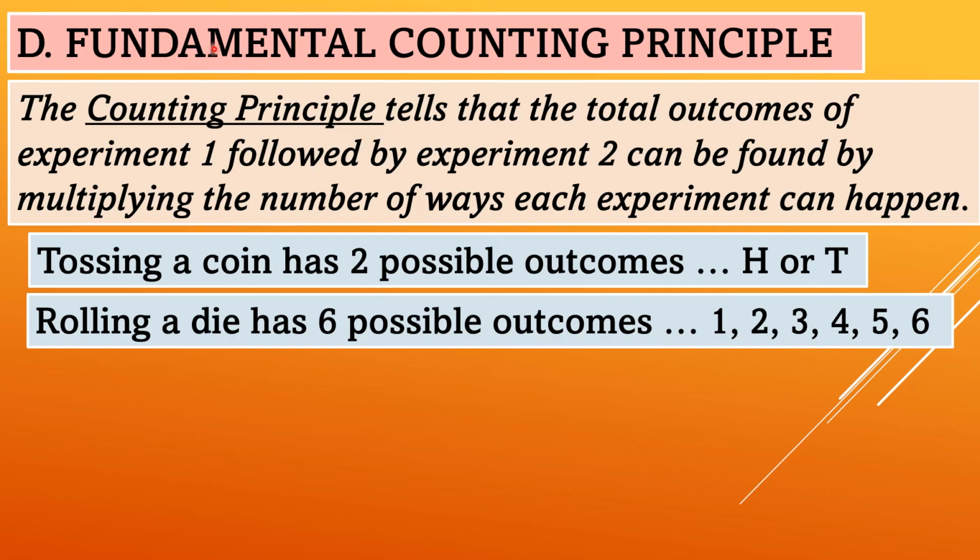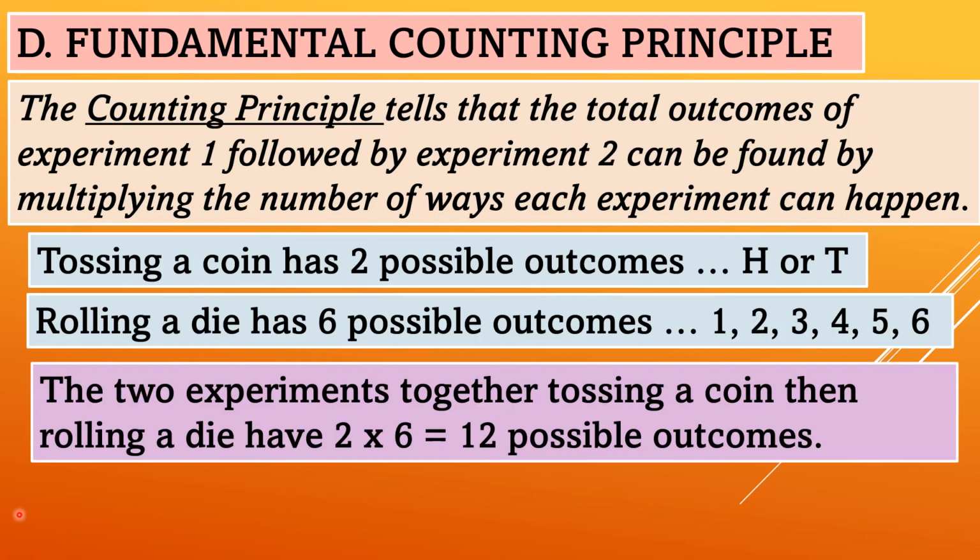So, in finding the possible outcomes applying the fundamental counting principle, ang gagawin lang daw natin is we are going to multiply the number of ways each experiment can happen. So, the two experiments together, tossing a coin, then rolling a die, have 2 times 6 equals 12 possible outcomes. So, saan galing yung 2?